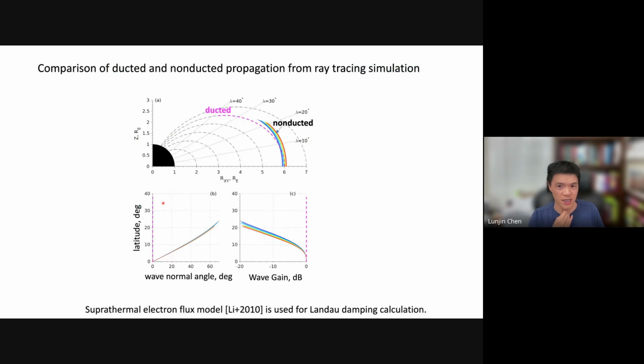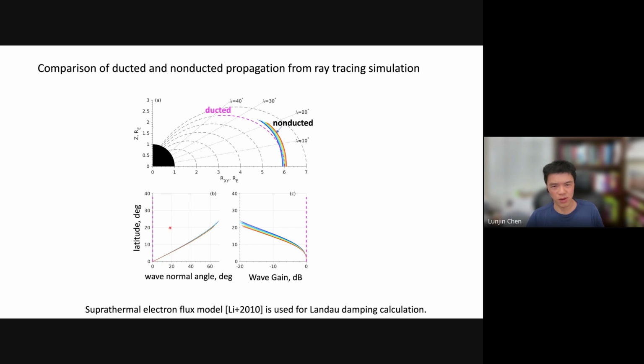So here's a summary of the ducted propagation. For the ducted wave, we propagate along the field line with a 0-degree wave normal angle, along the same field line. Here the wave normal angle is almost 0, and the wave gain or damping is almost 0 because there's not much damping for the ducted wave. But for the non-ducted wave, as you go to high latitude, the wave normal angle becomes larger and larger.